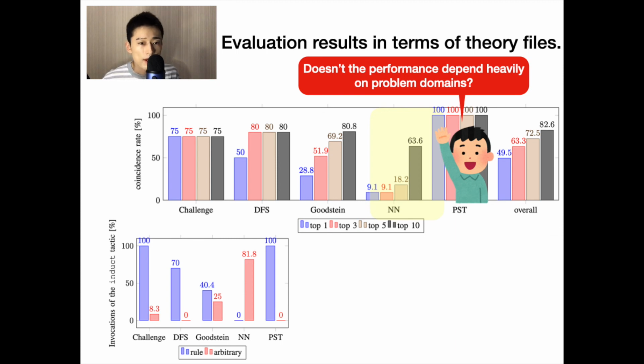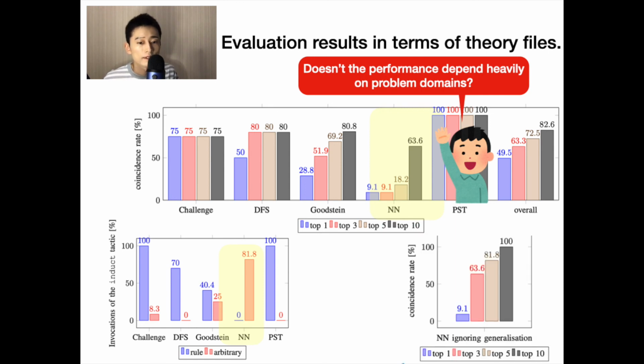In this figure at the lower left, we counted how often proofs by induction have any arguments in the rule field of the induction tactic, and how often proofs by induction involve variable generalization. As you probably noticed, most proofs by induction in NN involve variable generalization, and I think this caused Smart Induct's poor performance for this theory file. In fact, when we counted coincidence rates for NN, again ignoring variable generalization, the performance of Smart Induct is not that bad.